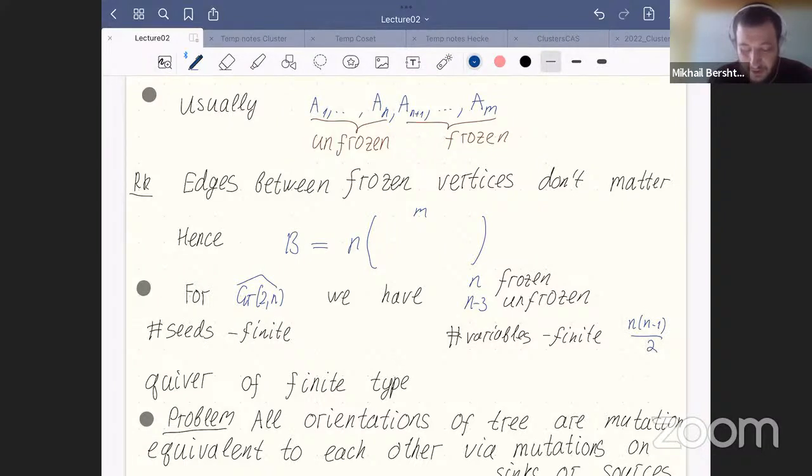And the number of seeds is the number of triangulations. Who knows what is the number of triangulations of the n-gon? The Catalan number, yes. C_n, Catalan.